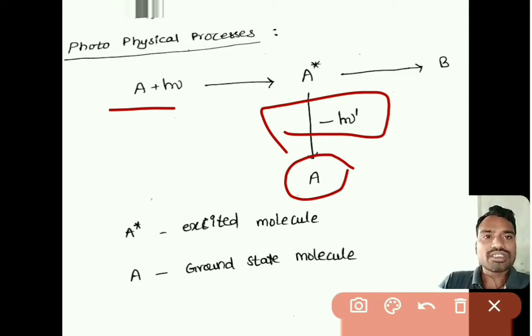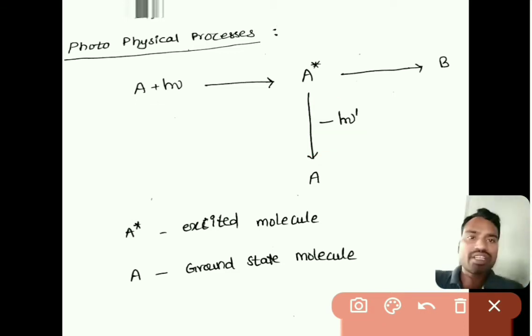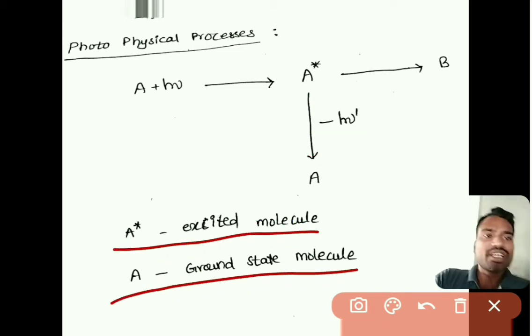That means the excited molecule is transformed to the reactant molecule by giving out the energy which was absorbed. So that is a photophysical process. Here A star is the excited molecule, and A is the ground state molecule.